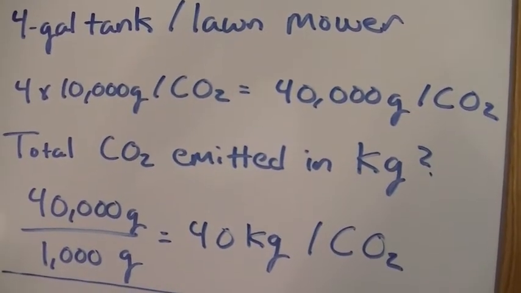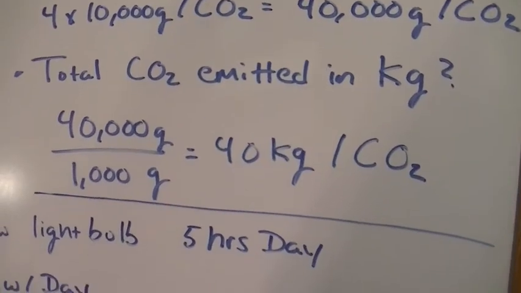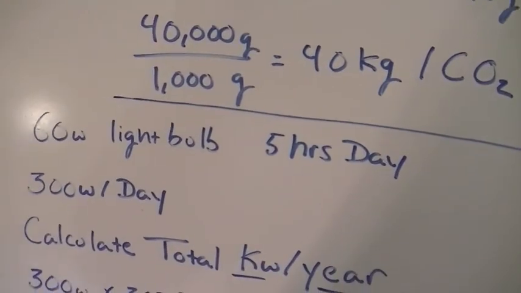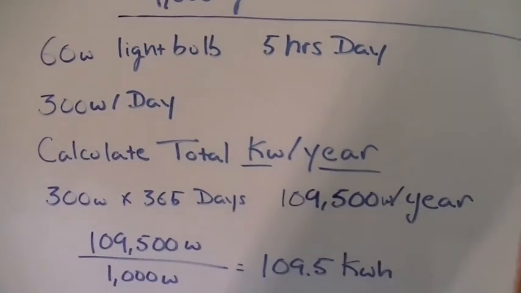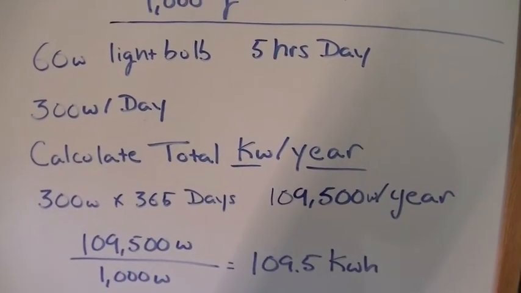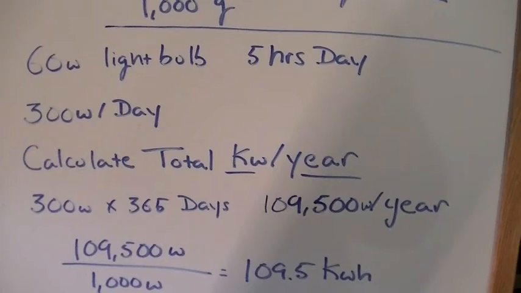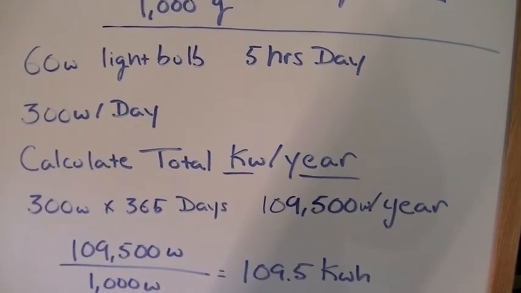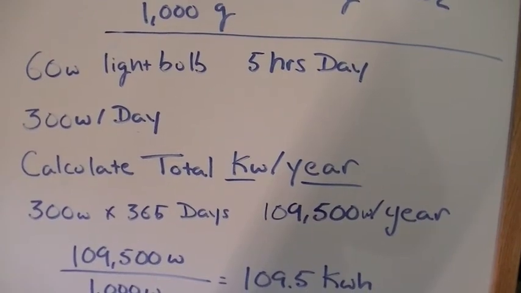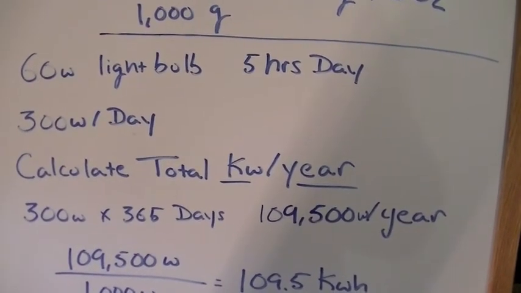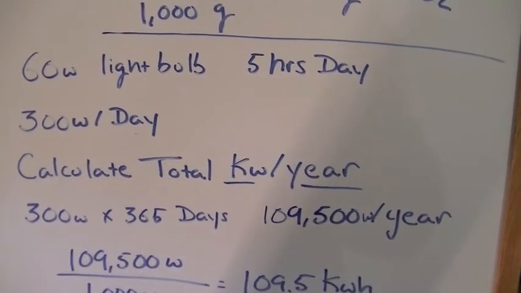All right, so moving down, let's take a look at a little problem regarding light bulbs. Excuse the light bulb reflection on the board. Here, we have a 60-watt light bulb that is used 5 hours a day. Based on that information, this one light bulb will consume 300 watts of electricity per day.